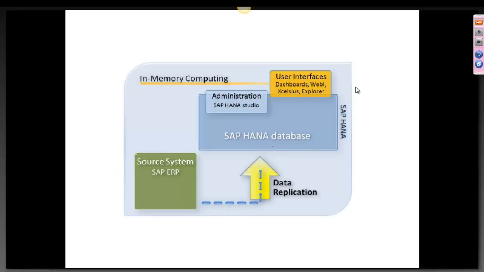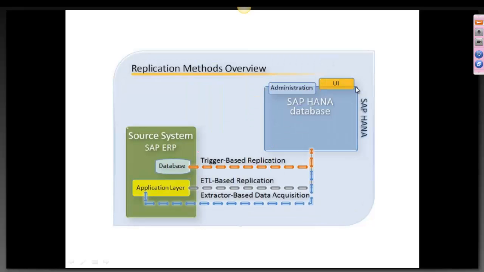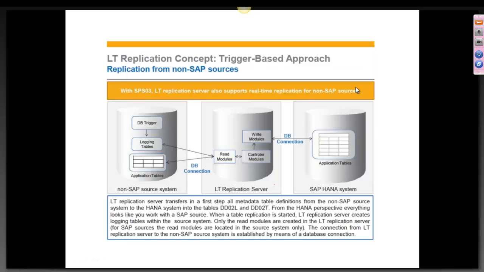And then how you can replicate the data into the HANA database. As we discussed, there is real-time trigger-based, ETL-based, and extractor-based, which is primarily for the BW concept. We'll discuss that. But the major role will be the SLT server and ETL replication.